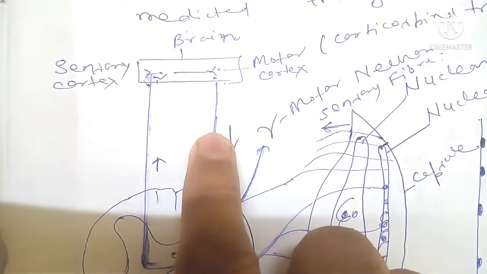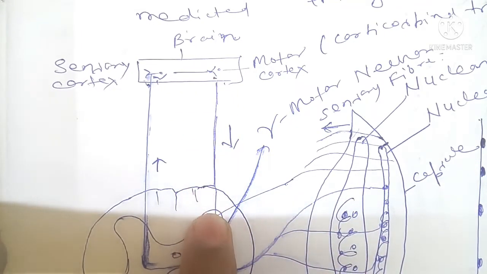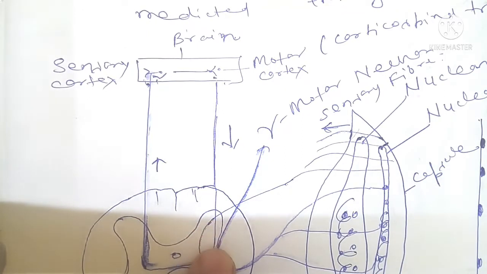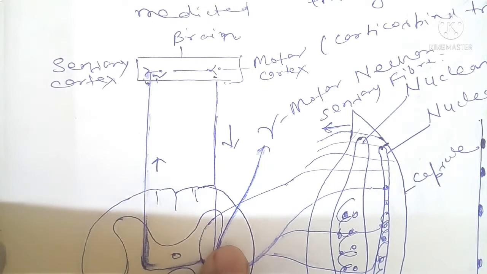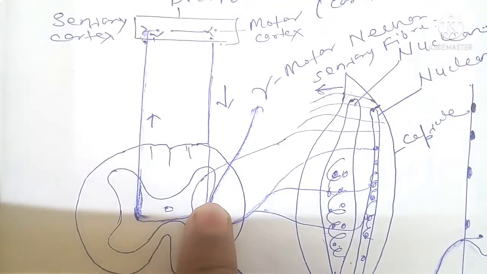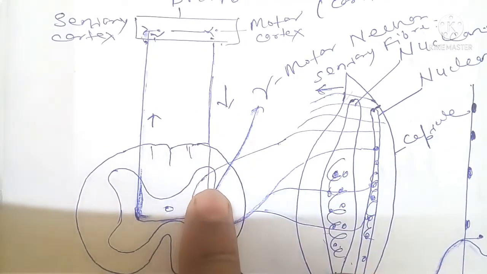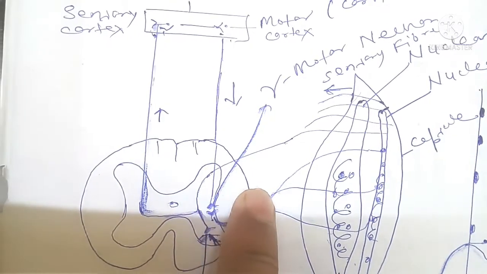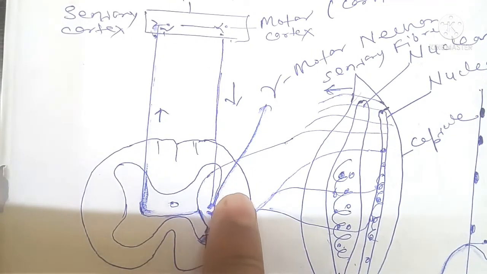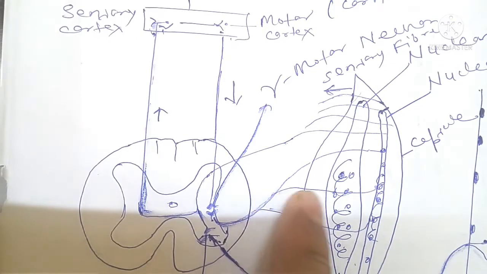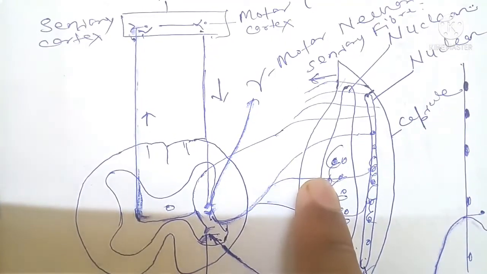Through the corticospinal tract, these nerve impulses go towards the spinal cord, where the gamma motor neurons are present in the anterior horn cells. The fibers synapse with the gamma motor neuron, and from the gamma motor neurons the nerve impulses travel towards the intrafusal fibers.